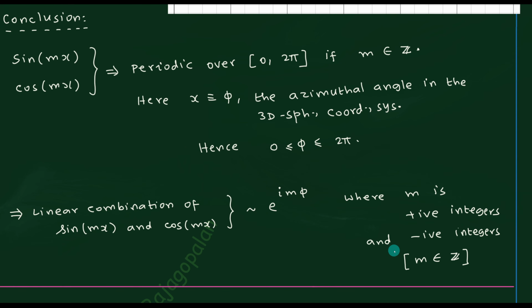Basically, we are talking about the periodic solution over the region 0 to 2 pi. If you are demanding a periodic solution, then m has to be an integer, and we say that the corresponding physical quantity representing the del square operator in 3 dimensions happens to be an angular momentum operator in quantum mechanics. So the story is the same thing. So that's the point to be noted.